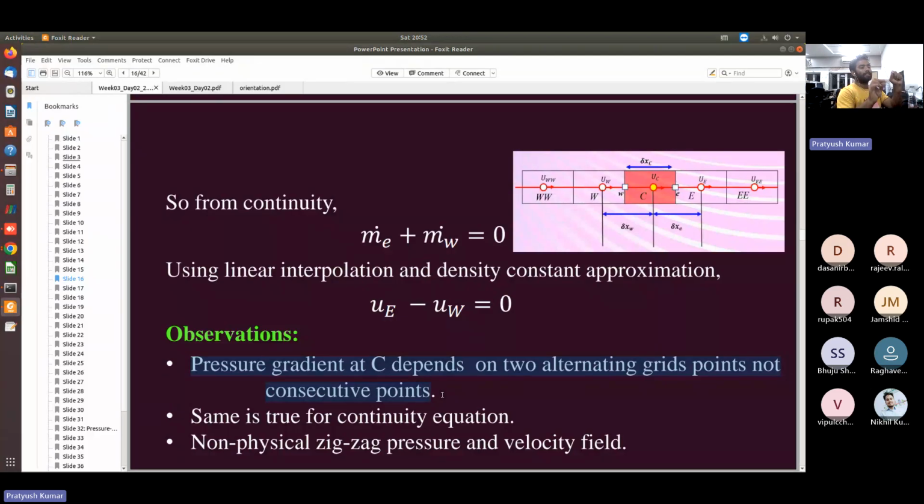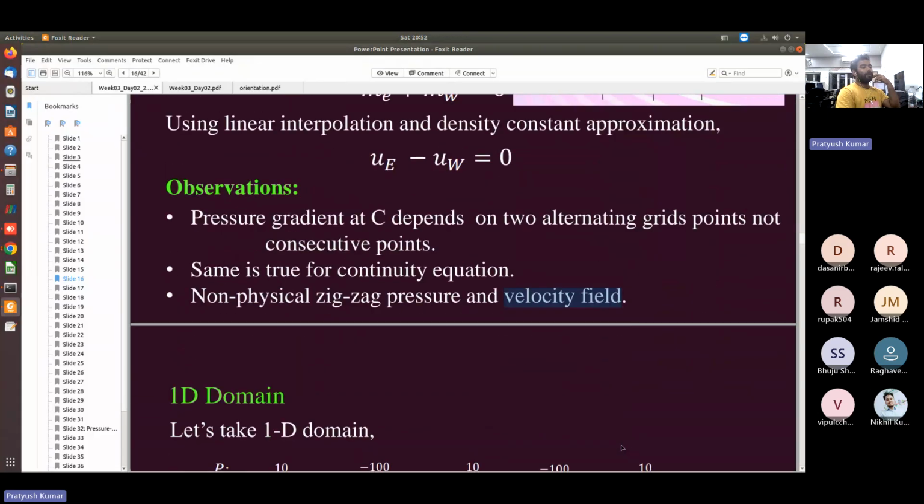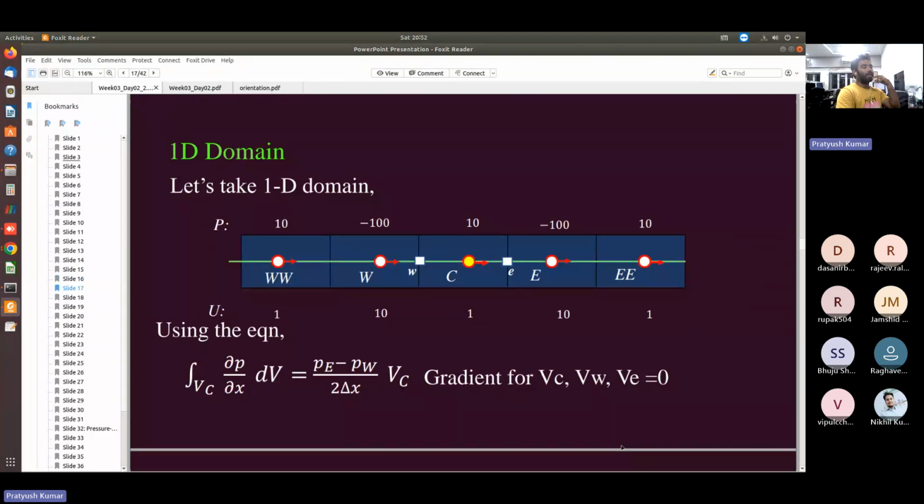We are not taking the cell center into consideration, and since we are calculating from alternative grid points, we get a non-physical zigzag pressure value and velocity field also. I have just shown an example for the pressure field. Similarly, for the other variable, you can get the same zigzag kind of problem. This is the problem that we need to tackle.